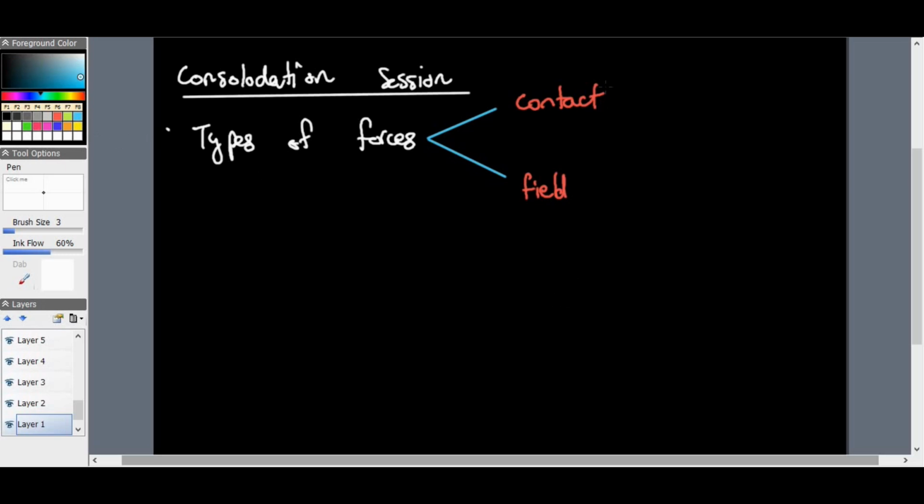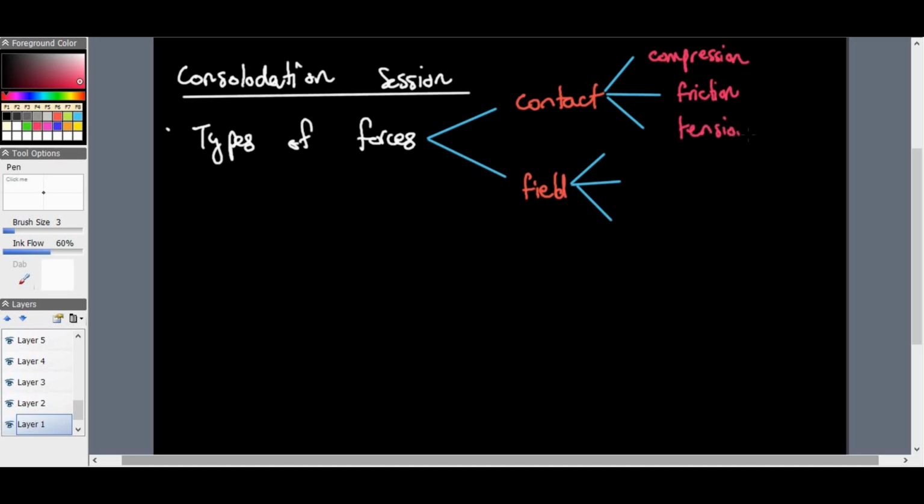Especially for contact, we've got 3, whilst for field, we also have 3. So let's consolidate them quickly. For contact force, we've got force of compression, and then of course we've got friction and tension as well.